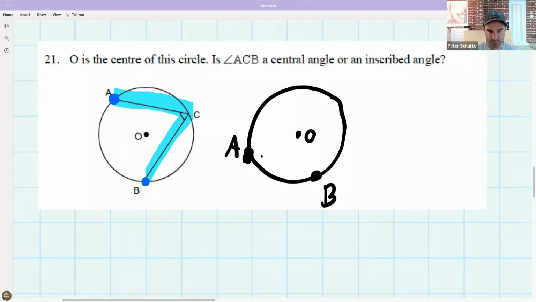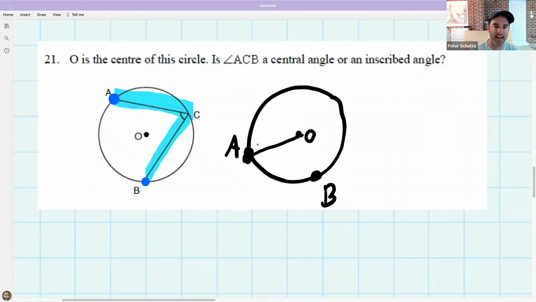Now I have a choice. If I choose to make my third point O, this would form an angle at the center.